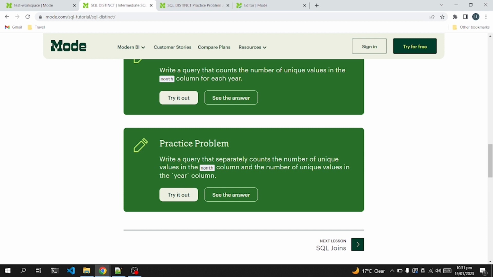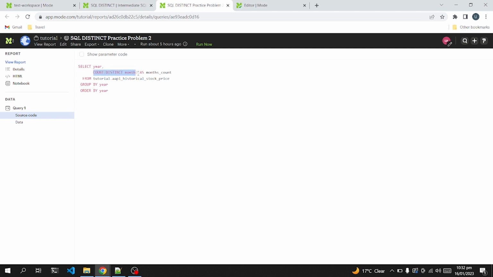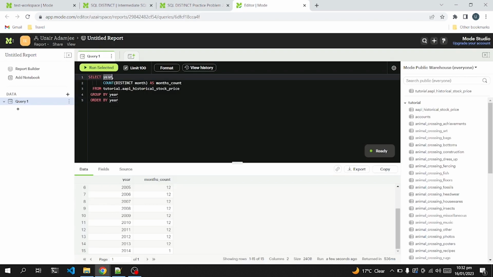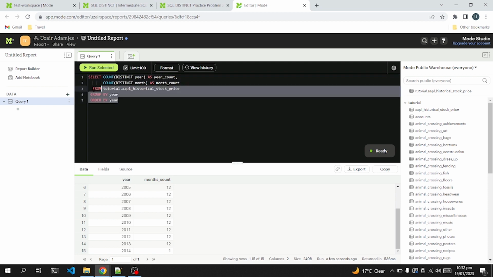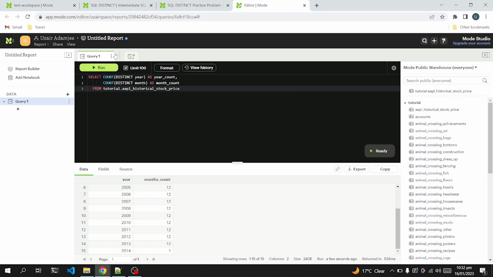So now the last problem: we have to write a query that separately counts the number of unique values in the month column and the number of unique values in the year column. So we want year count, month count, and we don't have to group by.